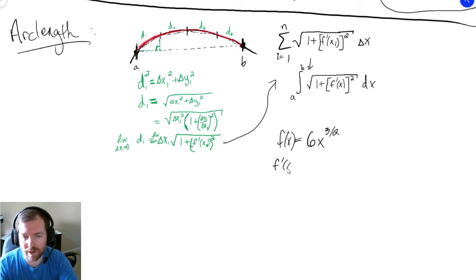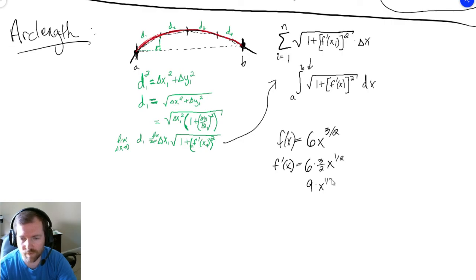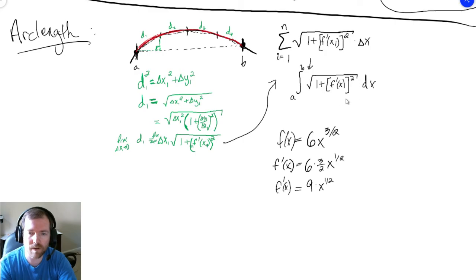f prime of x we need is going to be, take down this power, 6 times 3 halves. 18 over 2 is 9. Times x raised to the, subtract 1 from the power, 1/2. So f prime of x is going to be 9x to the 1/2, which then we're going to square here.